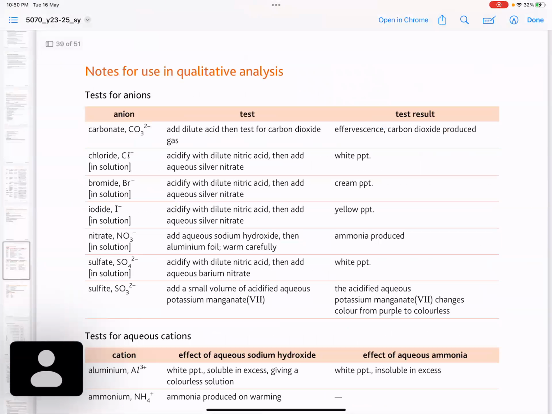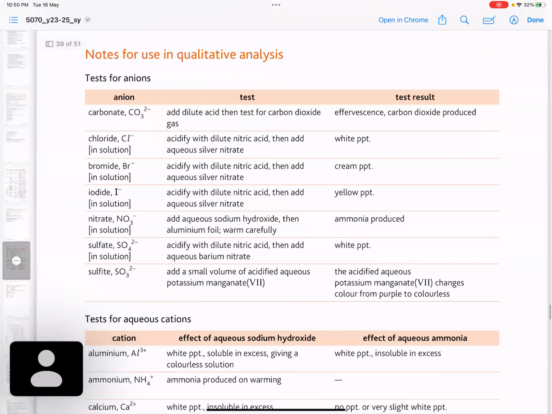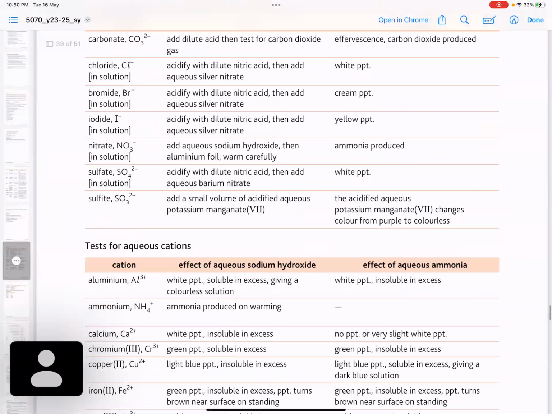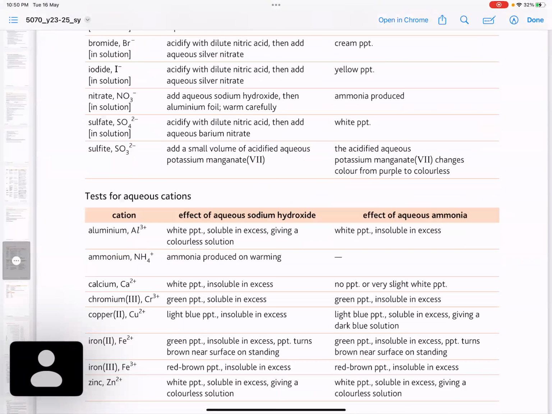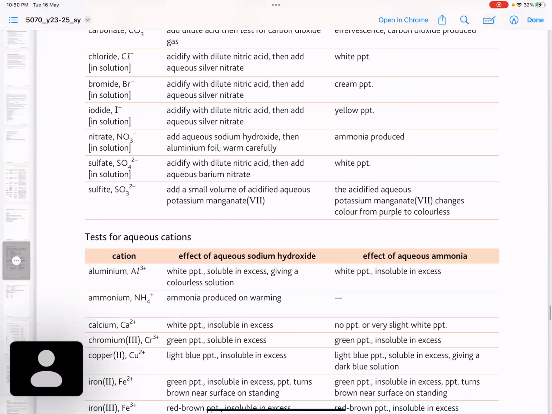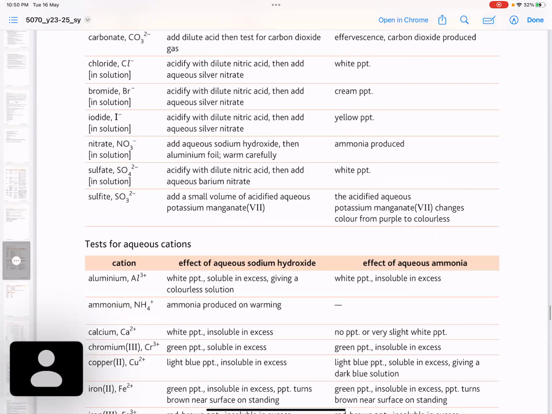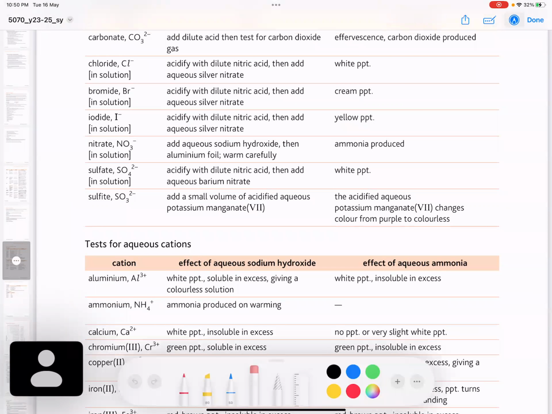See, here you have the tests. Isn't it the test that they have written over there: acidify with dilute nitric acid and then aqueous barium nitrate, the observation would be a white precipitate when we have a sulfate in it, right?